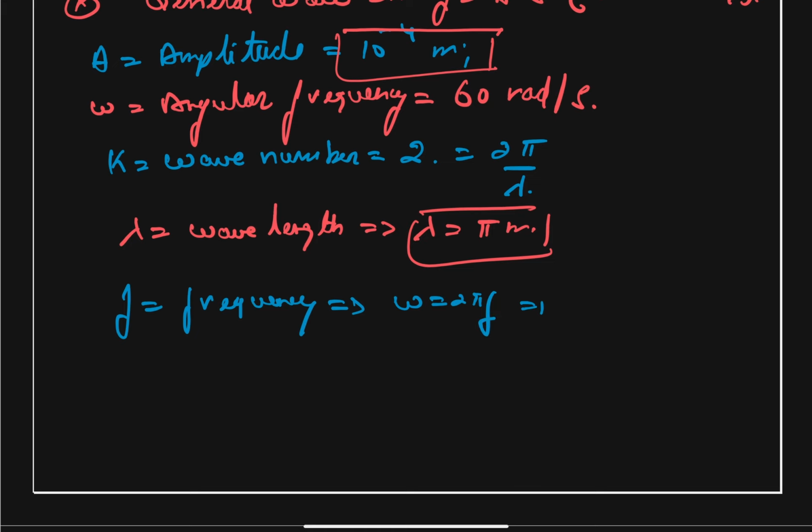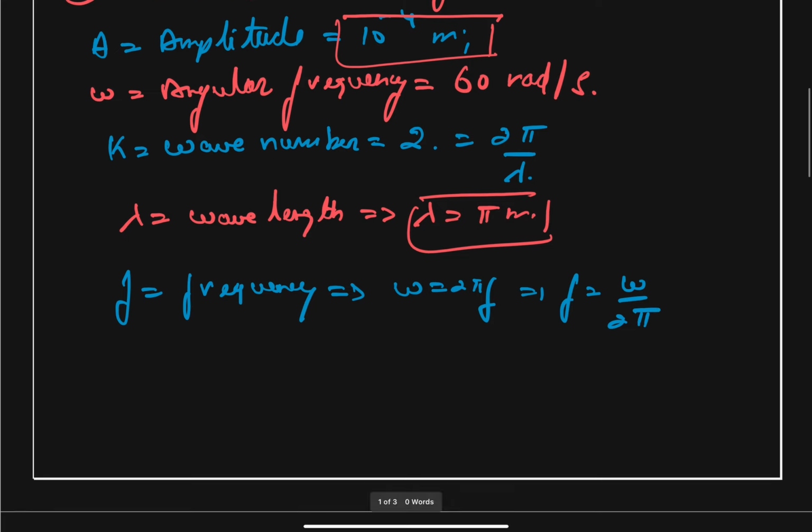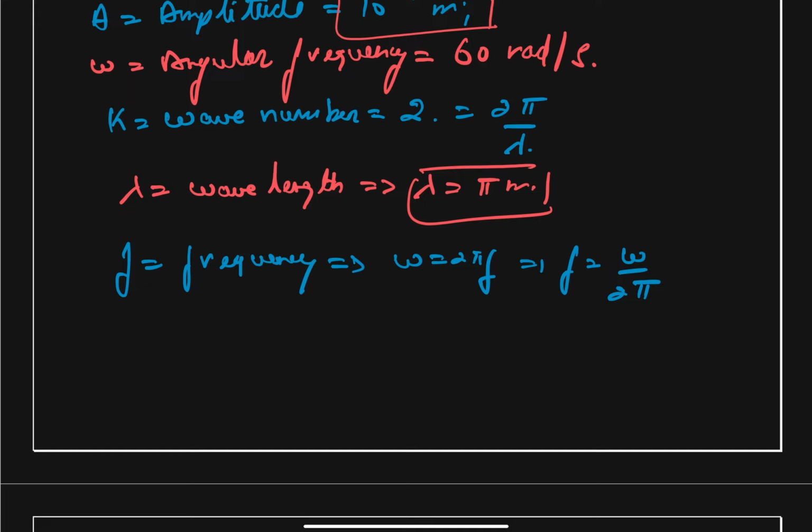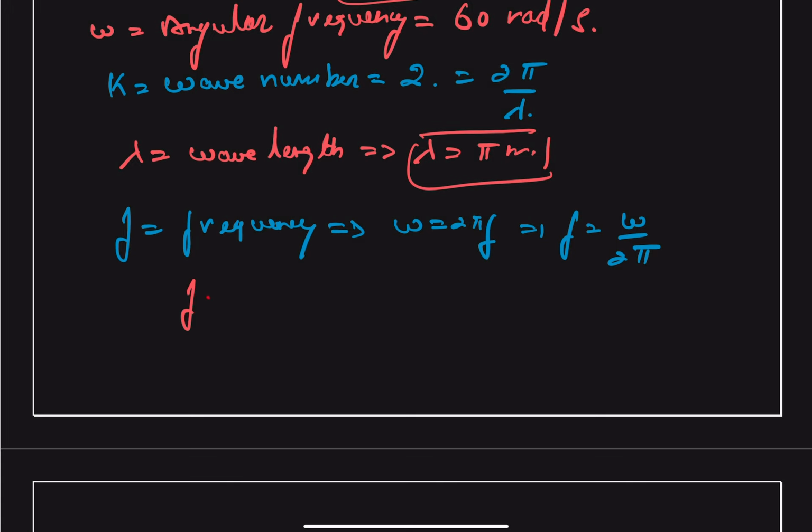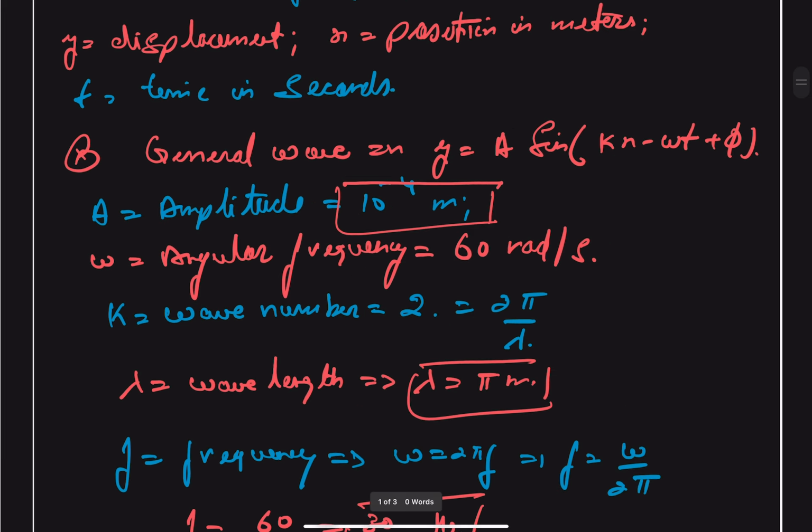So f is equal to omega upon 2 pi. Omega is 60, so we substitute the value and get f equal to 60 upon 2 pi. So this becomes 30 upon pi. This is our frequency.